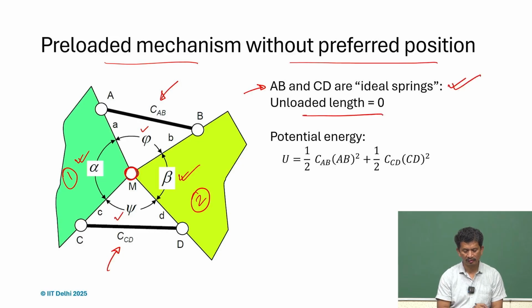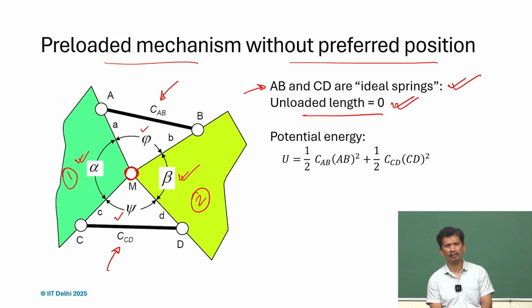It means if unloaded, the length is 0. So whatever AB is, that is the total deflection, the extension. That we have to remember. So ideal spring, 0 length. Many times in the literature we call it a zero-length spring.